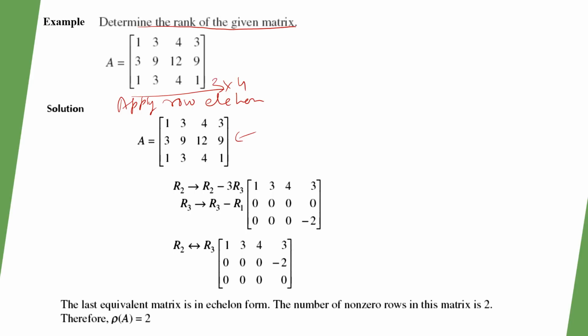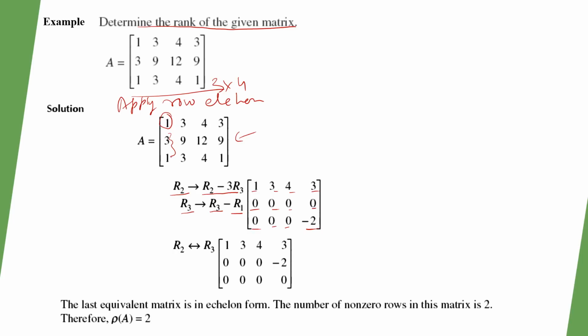Here we search the first non-zero element of the first row, that is 1. If it is not 1, make it 1, and the below entry should be 0. So we apply the operation on R2 minus 3 times R1, and on R3 we apply R3 minus R1. So the matrix reduces to 1 3 4 3, 0 0 0 0, 0 0 0 minus 2.